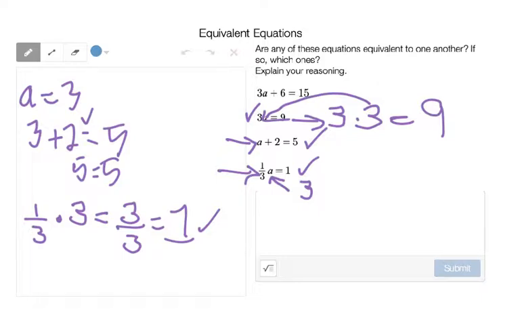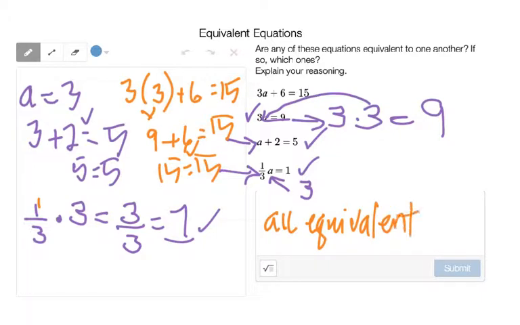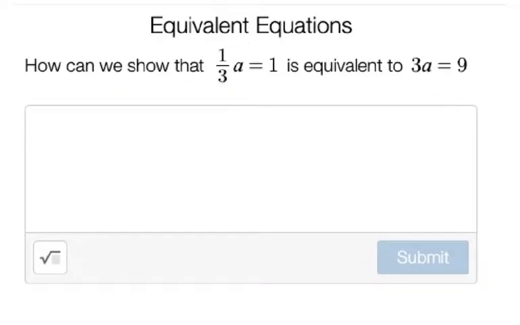I'll change colors so you know. 3 times 3 is 9, and 9 plus 6 is 15. 15 is equal to 15. Yeah, that works. So which of them are equivalent? They are all equivalent. You should have written that in this box and hit submit.